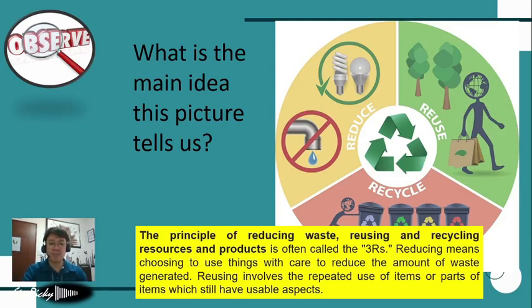Reducing means choosing to use things with care to reduce the amount of waste generated. Reusing involves the repeated use of items or parts of items which still have usable aspects, which we recycle.